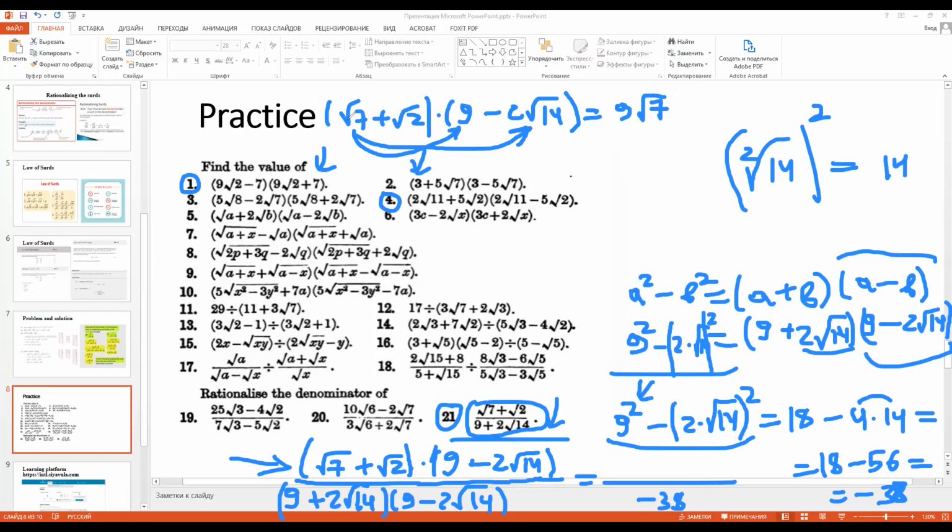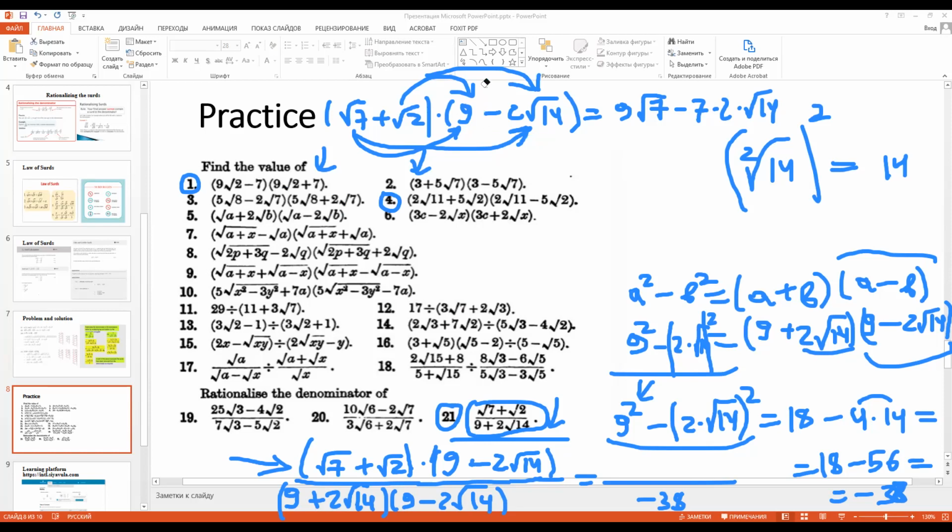Here I'm multiplying the square root of 7 by 9, and the second one is minus, so I'm multiplying the square root of 7 by 2 to get 14. Then let's go to the second component, which is the square root of 2. I have to multiply the square root of 2 by 9, and then this one.